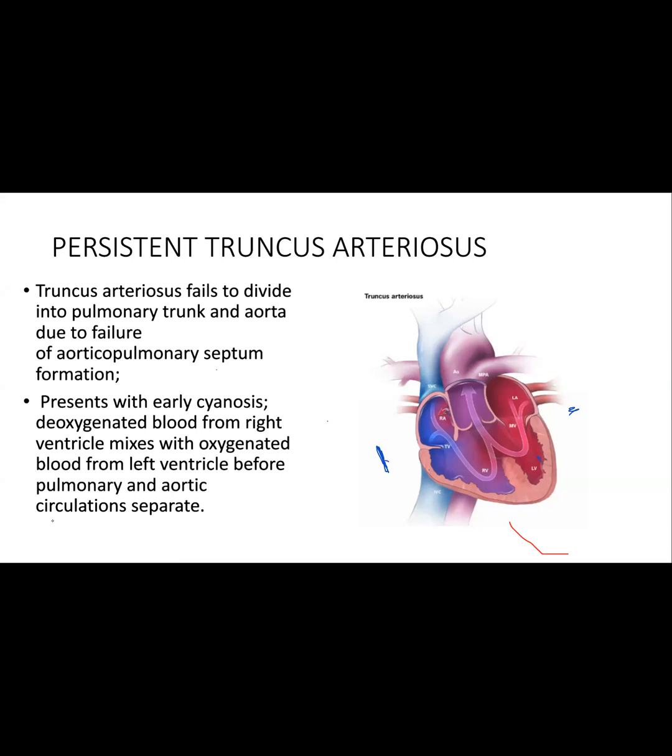In persistent truncus arteriosus a ventricular septal defect is also present, so the blood from the left side and the right side mixes, and then the blood goes through the main arteries through one valve. Normally the aorta is on the left side and the pulmonary artery is on the right side, and they have their own separate valves because they've been separated, but in this context there is only one common valve, and after that it is split into the pulmonary artery and the aorta. This is not very common, so we go into less detail compared to the previous slides.